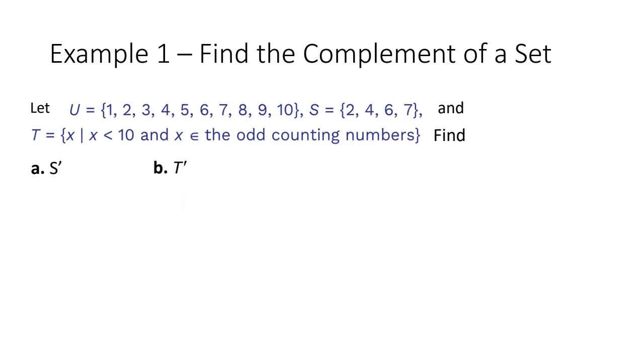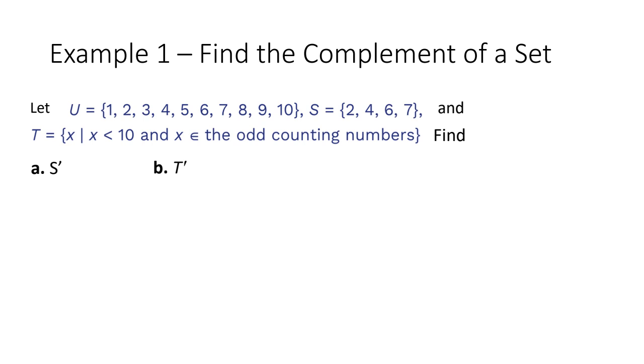Let's look at an example. In example 1, our universal set consists of the numbers 1 through 10. And S is a set that contains 2, 4, 6, 7. And T is the set of all x, I'm going to say numbers, such that x is less than 10 and x is an element of the odd counting numbers.